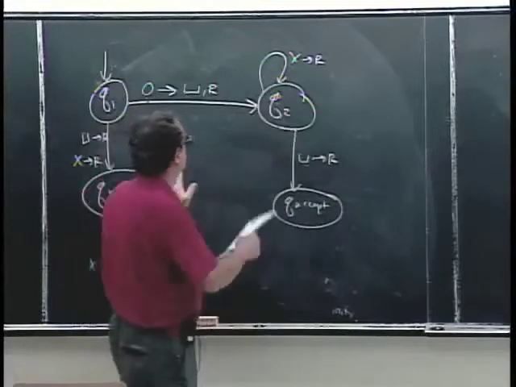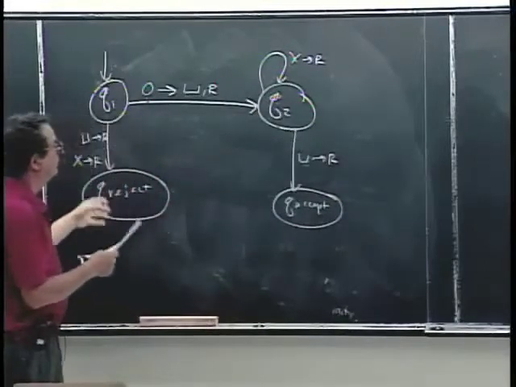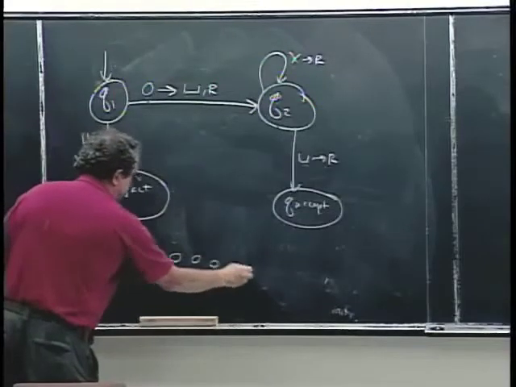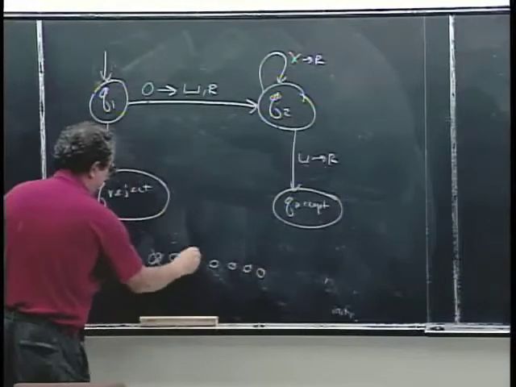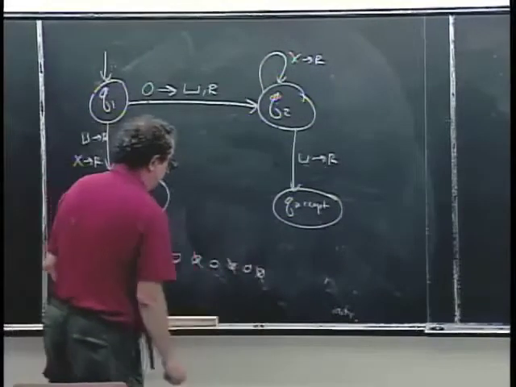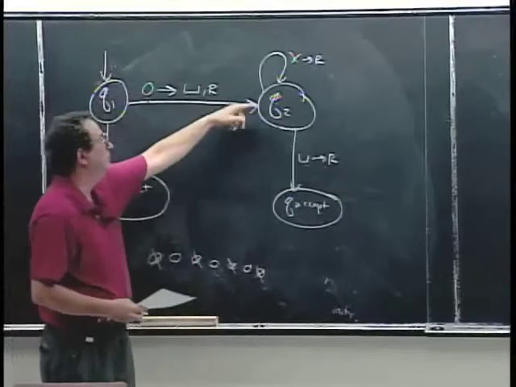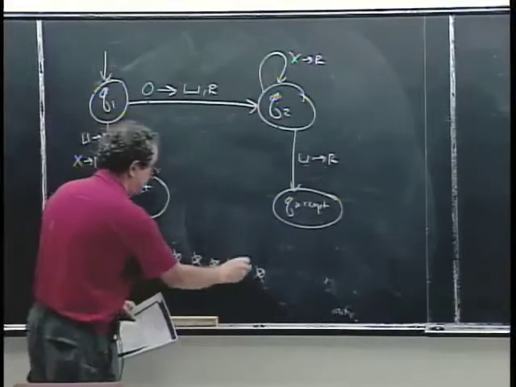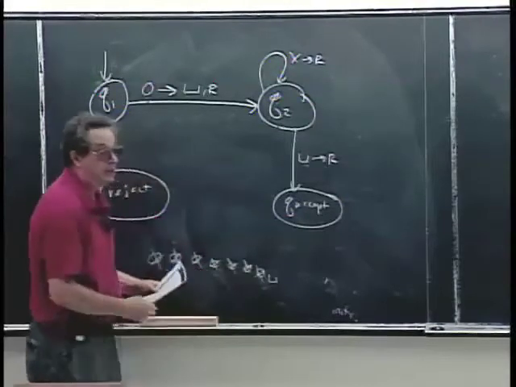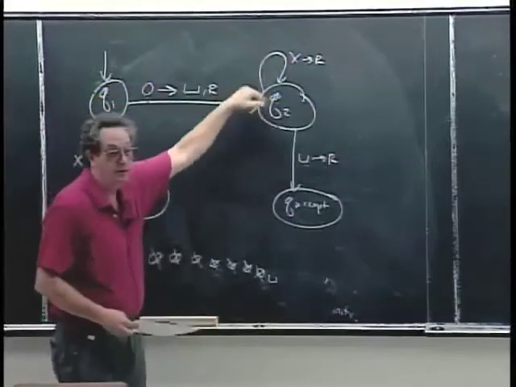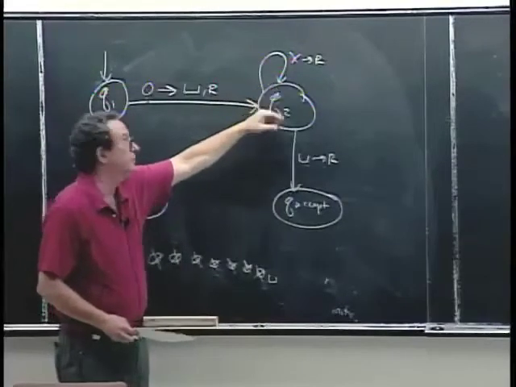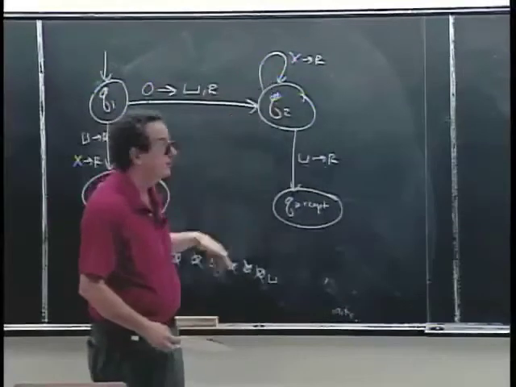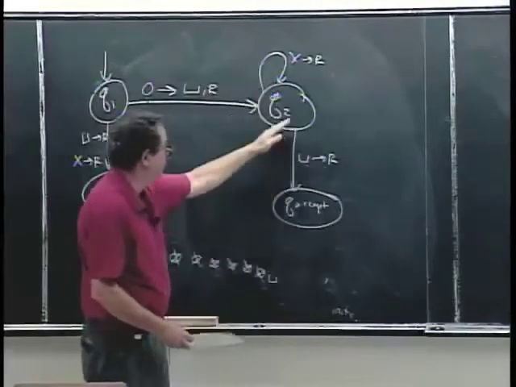But as I'm writing this out, I want you to think about the basic computation I was showing you earlier, where we're going to make multiple passes, Xing out every other zero, and then finally, if we end up zipping through everything and everything is X'd out, and we hit a blank, then we accept. And this is part of that implementation. Zipping through X's, moving right each time, not writing anything on the tape, and then finally we hit the blank at the end, we go right and we accept.